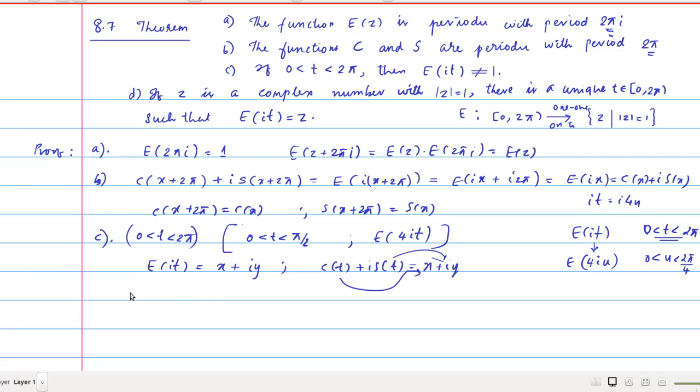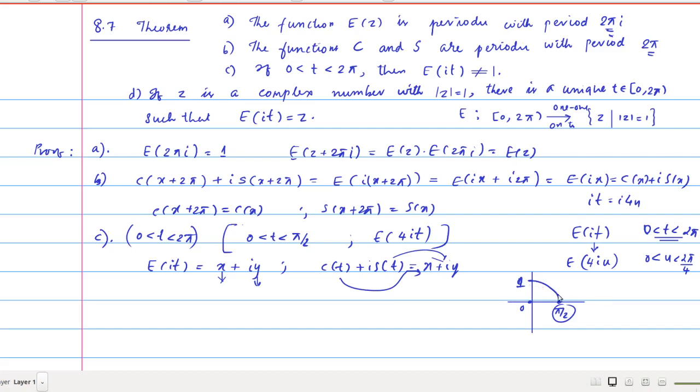So here, from the definition itself, these two quantities are the real part and imaginary part of this complex number, so those values x and y are real. We have already discussed that c of t starts from c of 0 equal to 1, and pi by 2 is the first 0 of c of t as far as positive values are concerned.